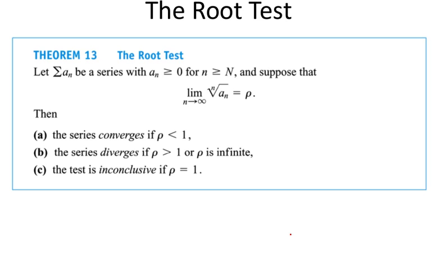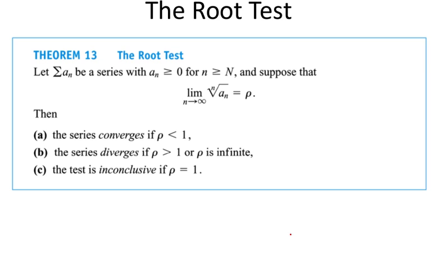If you have your function that describes your series, a sub n, if you take the nth root of that and it simplifies to a value such as rho, as you take this limit, whether it's less than 1 or greater than 1 can tell you if it converges or diverges.